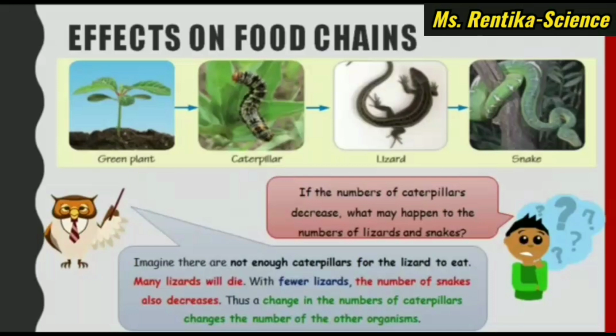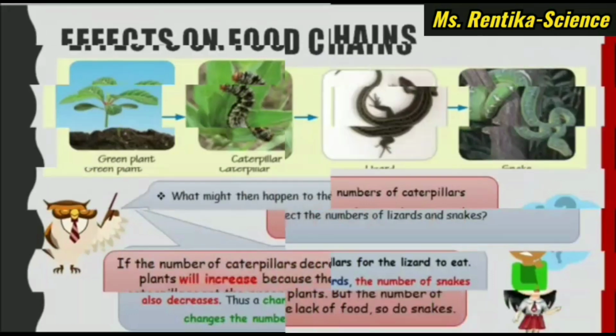Of course, many lizards will die. And with fewer lizards, the number of snakes also will decrease. Thus, a change in the number of caterpillars also changes the number of the other organisms.